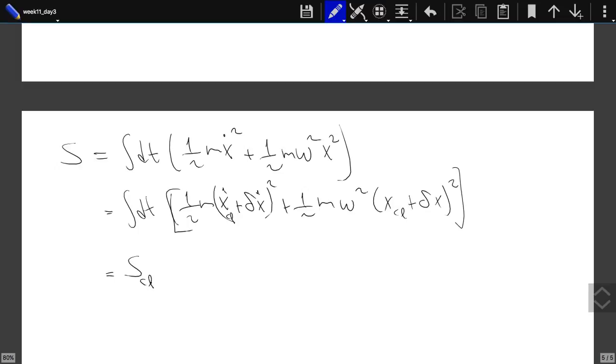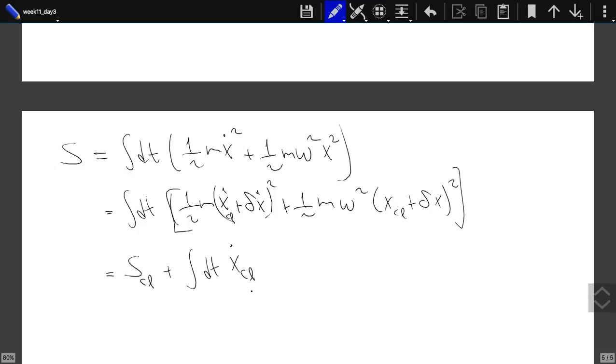I have the classical action. You just take the x dot classical squared from the first term and x classical squared from the second term. That gives you the classical action. Plus, let's take the terms that are linear in delta x.